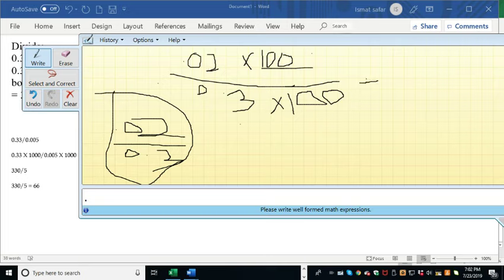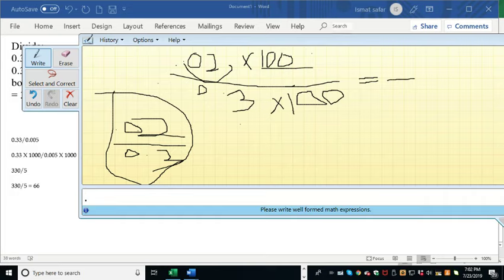So what is 0.02 times 100? We move the decimal point to the right twice because there are two zeros. When we have multiplication, we move the decimal point to the right, and when we have division, we move the decimal point to the left.